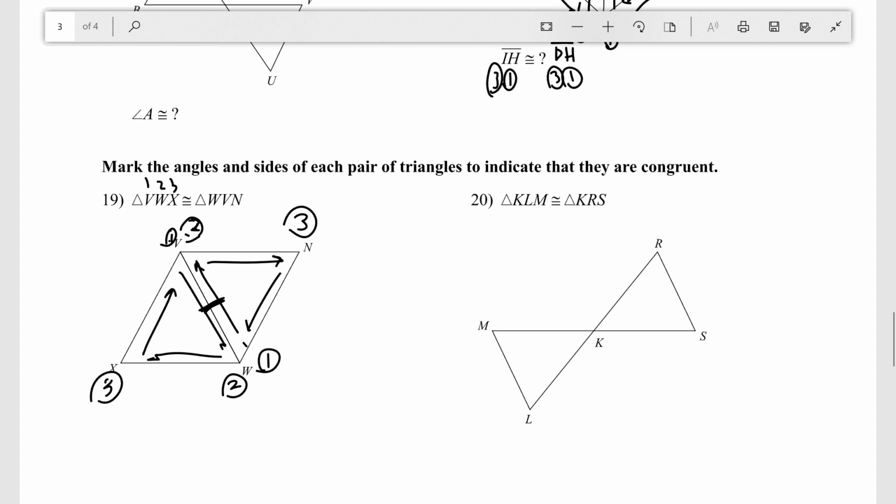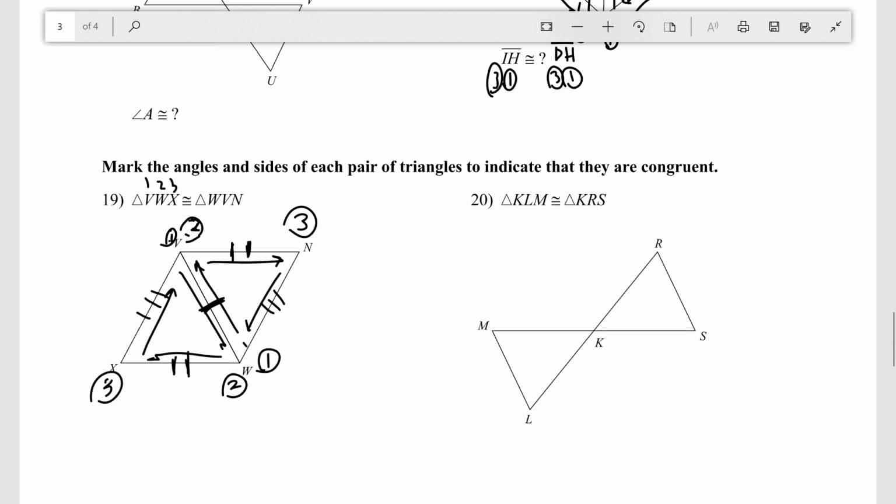Now, going on to my 2 to 3 for VWX, this second side is going to be congruent to the other side that is 2, 3, which is this side here. And then lastly, my final congruence, 3 to 1, my X to V is my N to W. So make sure that you are matching up the correct congruences with the correct sides.